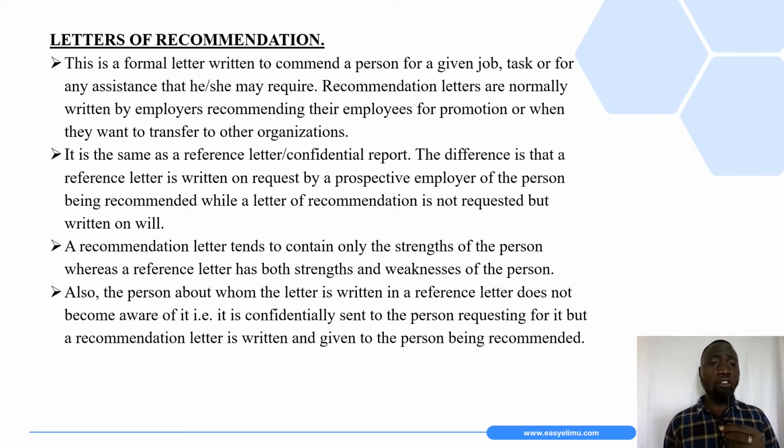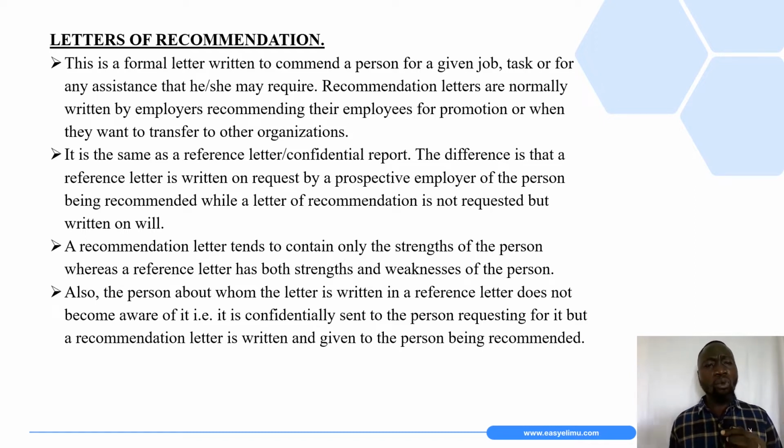So let me start you off by looking at letters of recommendation. In this session, we are also going to look at some of the details or information in confidential letters so that we look at the similarity.